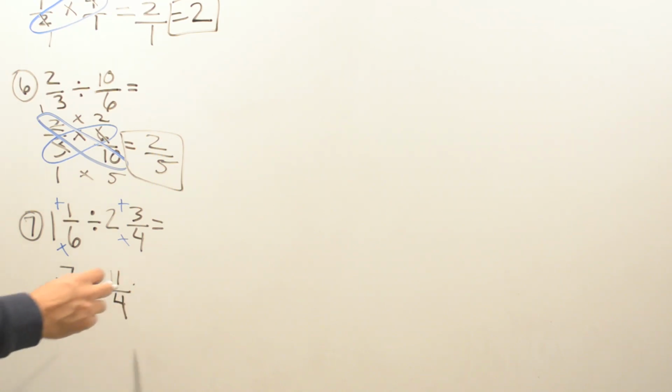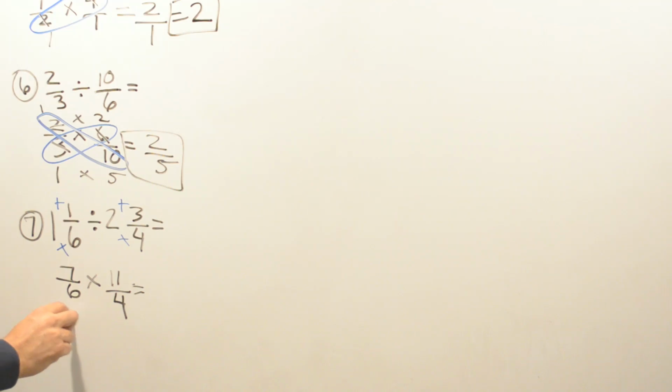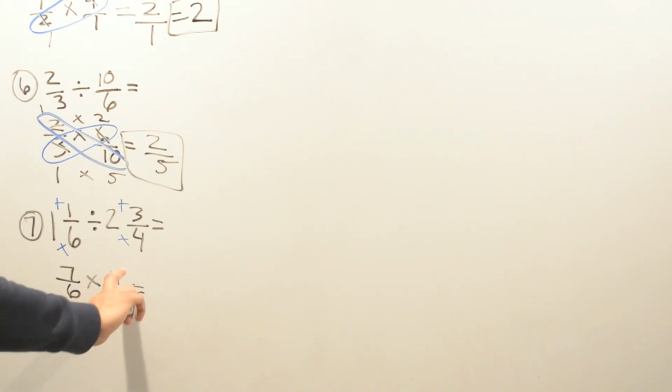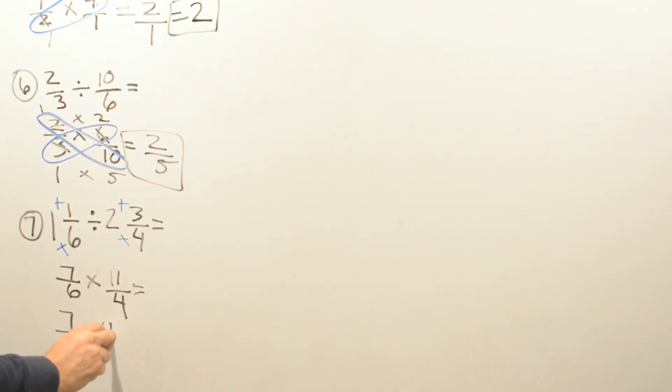Okay. Now that I did that, I'm going to just leave this the same. But remember, when we're dividing, we have to flip our numbers. So I want to flip that to 4 over 11. And I know right away that I can simplify these two numbers here.